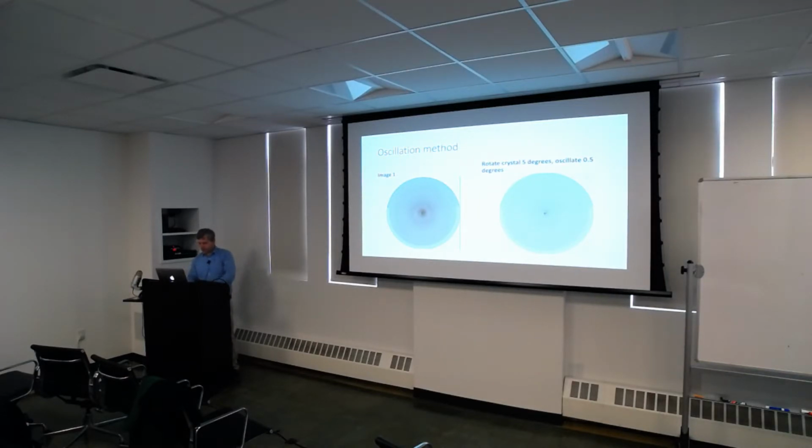This would be image 1, an unoscillated image where you see just discrete diffraction spots, appearing in circles. Then you rotate it by a few degrees, and this one is also taken with some oscillation.